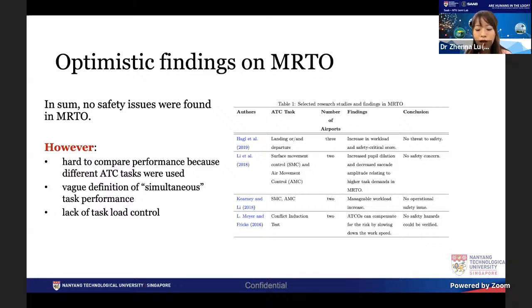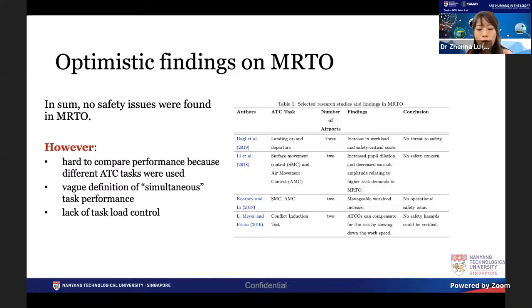So some studies are comparing a simultaneous task across 2 to 3 airports to a sequential task performance in these different airports. But it's very hard to specify the definition of simultaneous. So the time gap between a consecutive task is a bit vague. And when you're comparing simultaneous versus sequential task performance, the simultaneous condition will always have a higher task load.